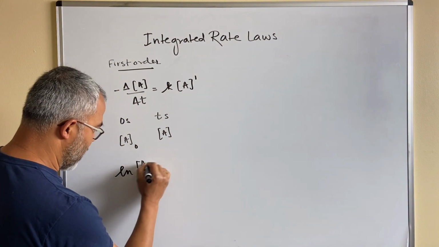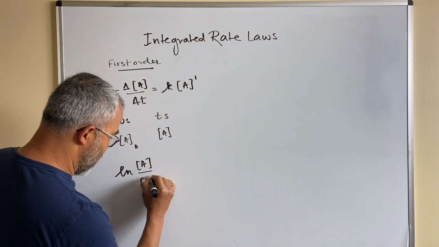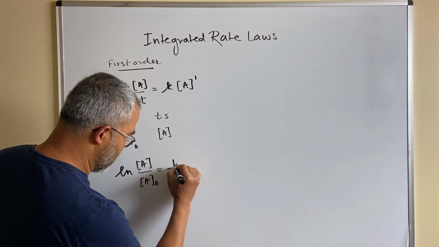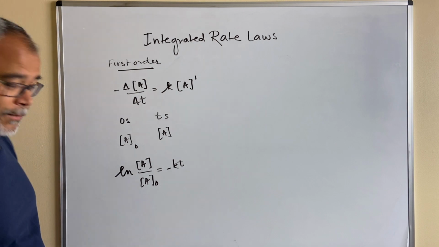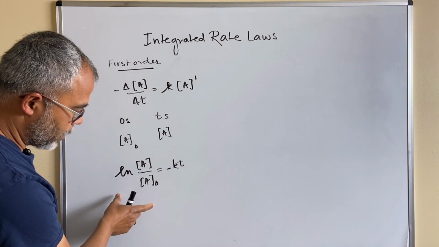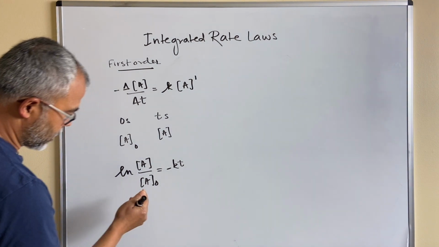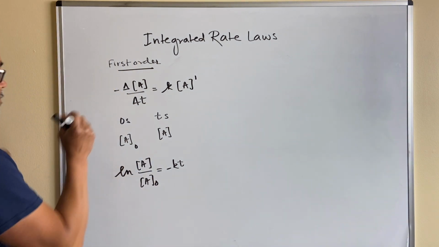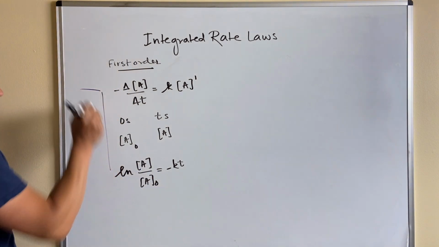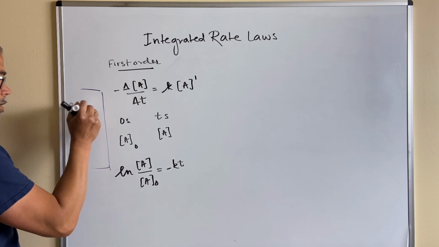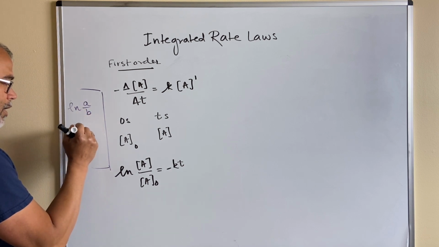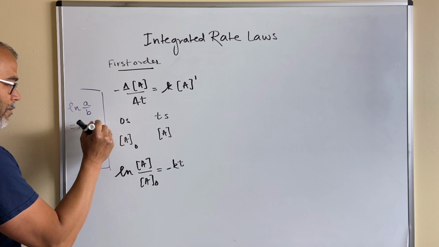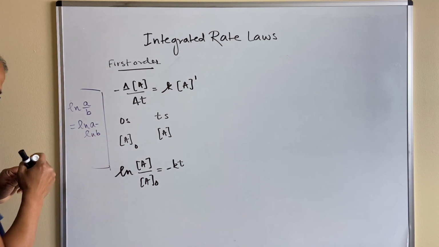ln of A over A naught is equal to minus kt, okay? Now what we can do is rearrange this expression, because if you recall from your previous math classes, log of A over B is equal to ln of A minus ln of B, okay?